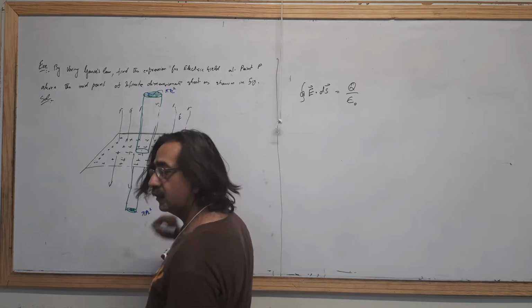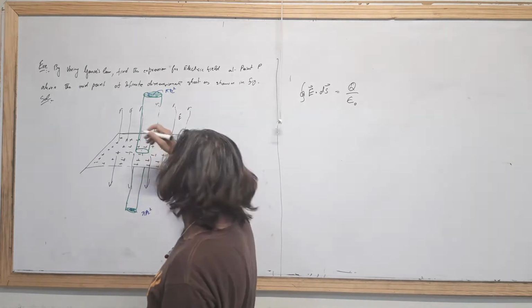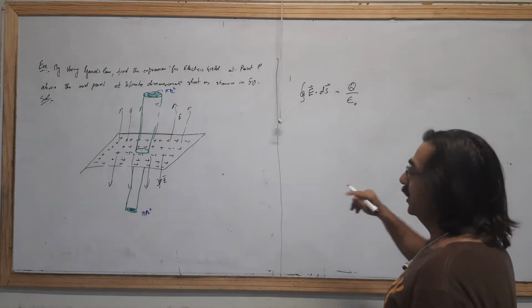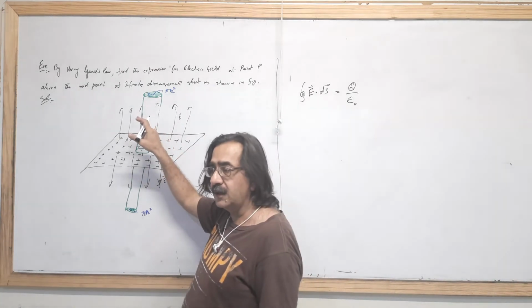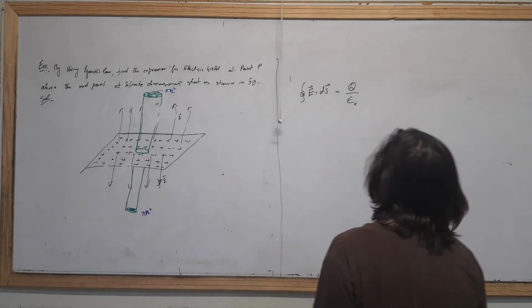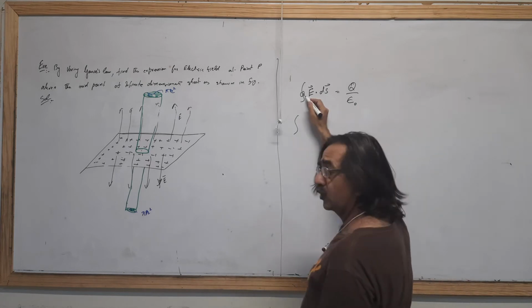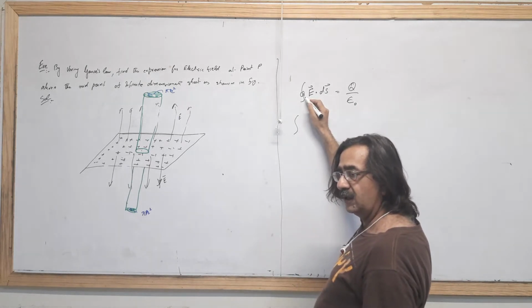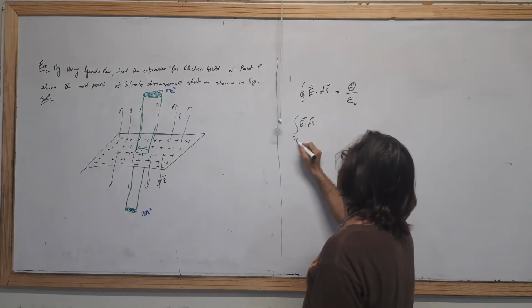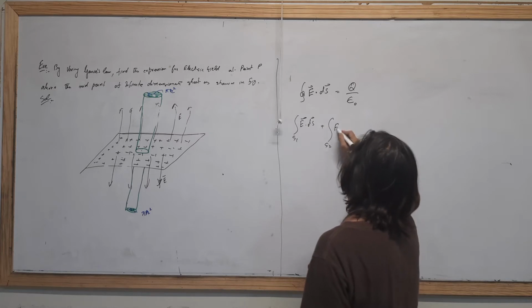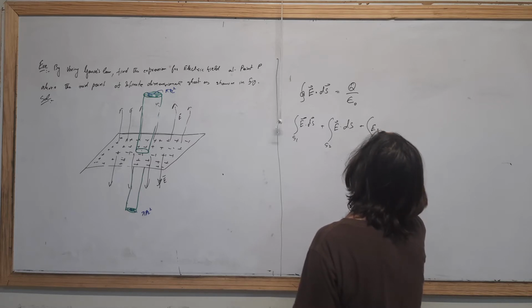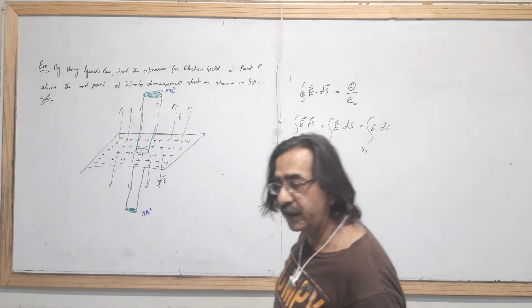There are three surfaces of the cylinder, two flat ones and one round one, so the closed surface integral is the sum of the integrals of E dot dS over S1, S2 and S3.